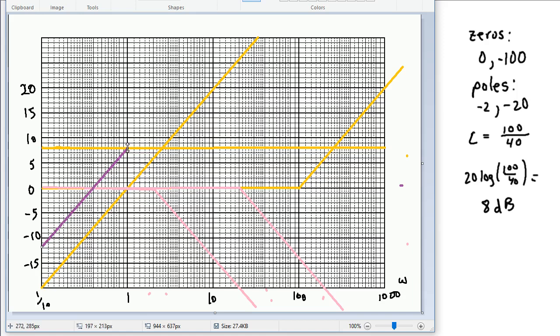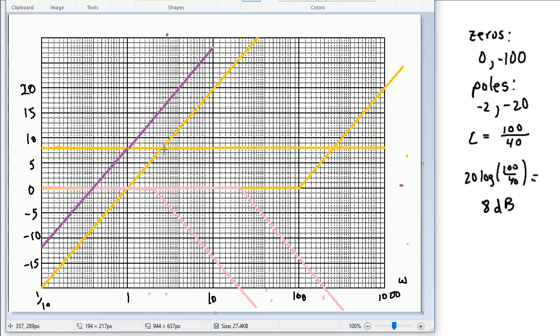And then this line would actually continue at that same slope, so that a decade above 1, or at 10, I would be at 28, which is about right there.